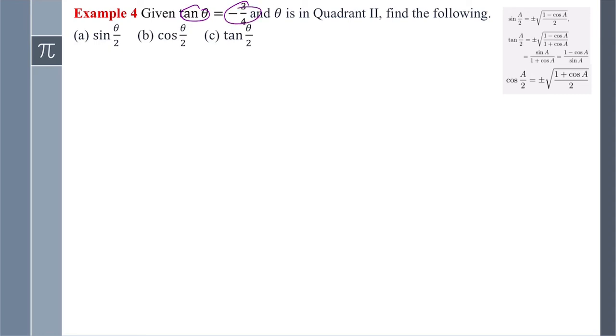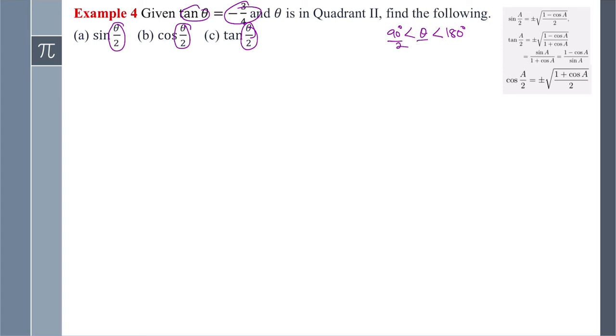Second quadrant means theta is in between 90 degrees and 180 degrees. So when we take the half, we are finding sine theta over 2, cosine theta over 2, and tangent theta over 2.